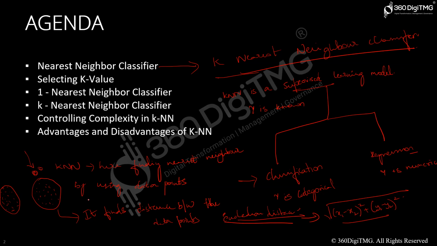Other distance metrics can also be considered, which is used to predict future outcomes. KNN has another name, that is a lazy learning algorithm.